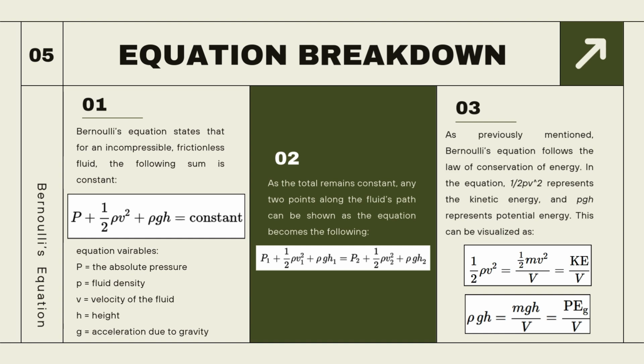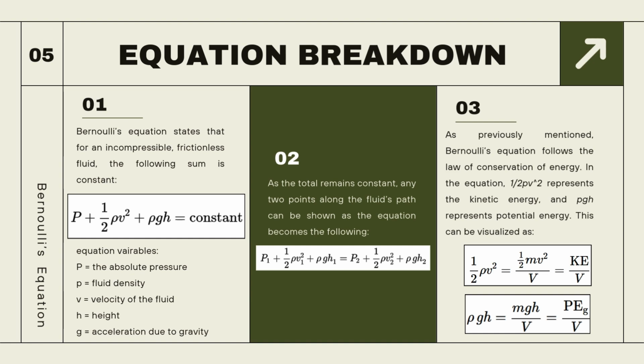Since our sum remains constant, as we saw in the first equation, every point in the fluid's path of movement can be equally compared to each other. On the left side, we have our first point, and on the right side, we have our second point along the fluid's path. And that is shown with our subscripts 1 and 2.